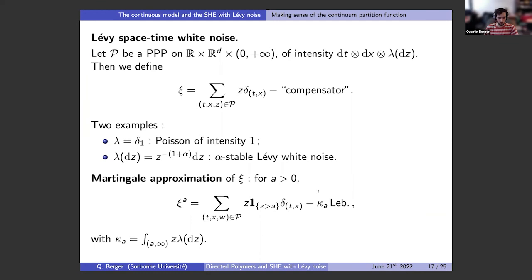It's just that it was simpler to present here because if I want something centered, I need to assume that it has a mean, and it corresponds to having alpha larger than 1. So if alpha is strictly smaller than 1, you actually don't need to subtract this Lebesgue part, and the truncation is correct as it is.